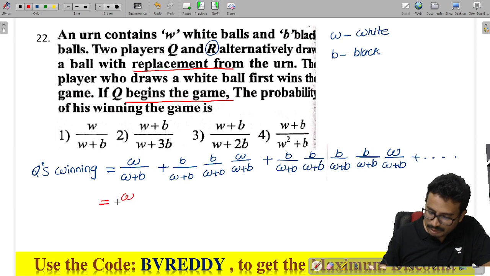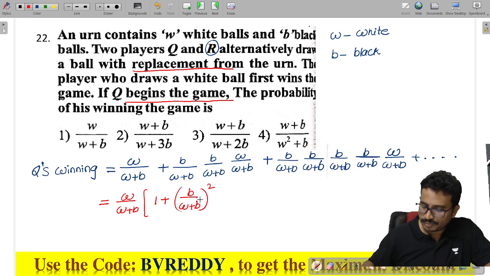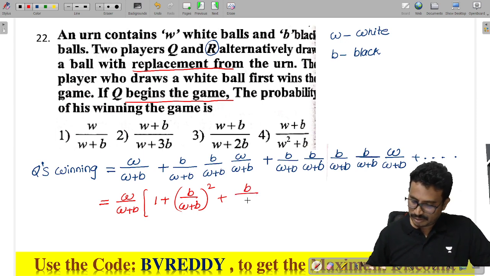So W by W plus B we have taken common, that is 1 plus B by W plus B whole square plus B by W plus B whole power 4. Like this it will continue.